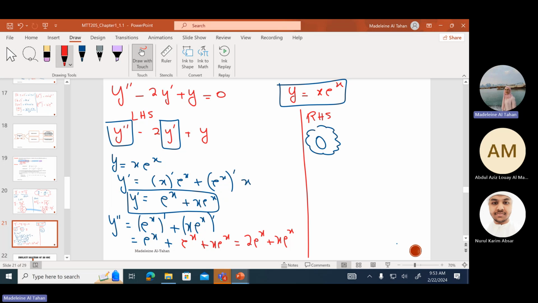Where should we substitute now? In this equation. Please check by substituting whether you will get 0. I will wait a few minutes so that your colleagues can finish copying from the board. You need to substitute y double prime minus 2y prime plus y.